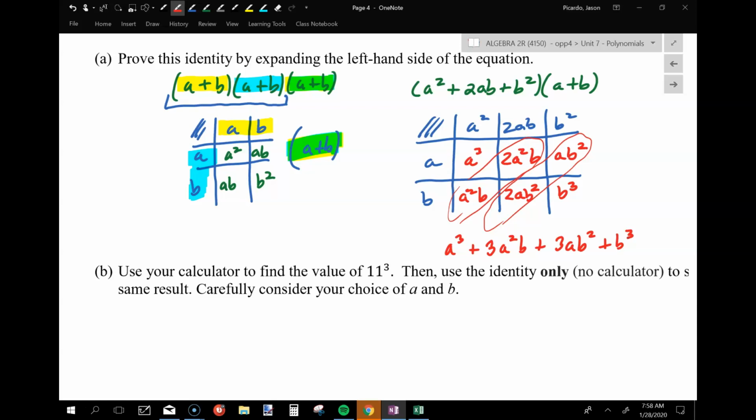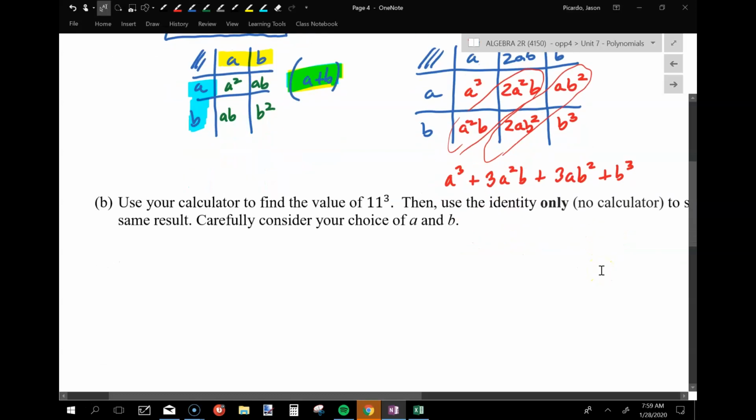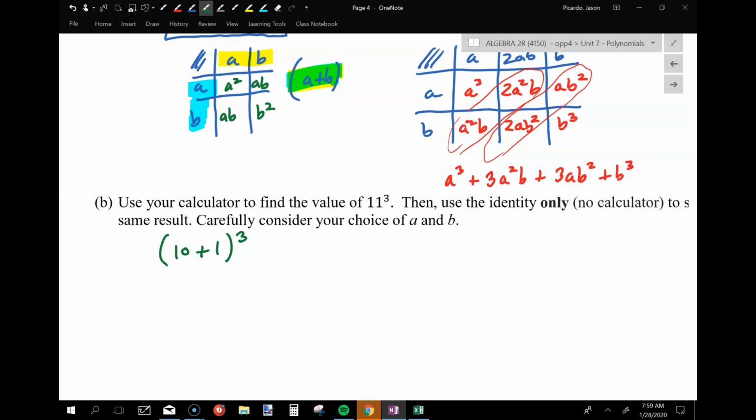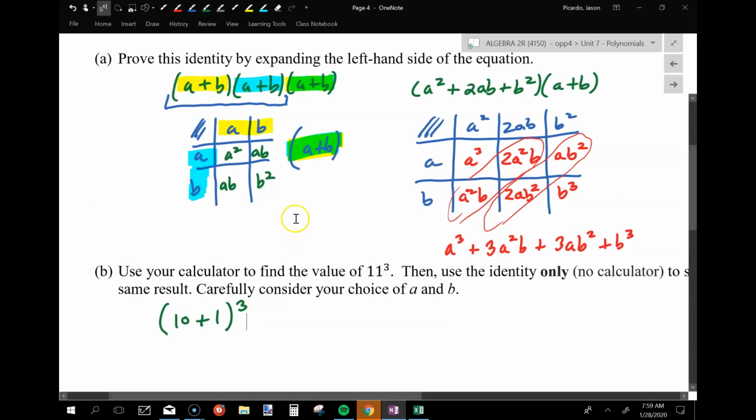So, where might something like this be useful? Well, guys, anybody in the room know what 11 cubed is? I don't. But I bet we could do that. So what have I done here? I've made what value 10? The a value, and I've made b.